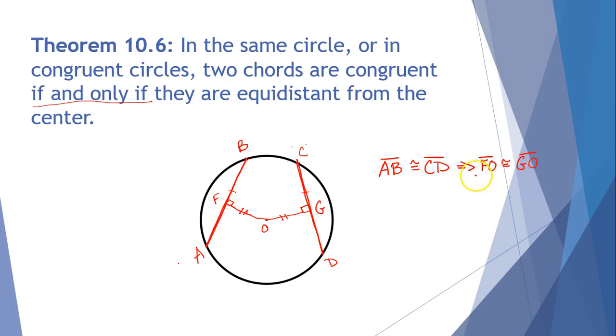Okay, so that is one meaning of this theorem, but the other meaning is the other way around. It means if we know that these two segments right here are congruent, then we should know that their chords that we're referring to in the picture here are congruent. And that is it on that one.